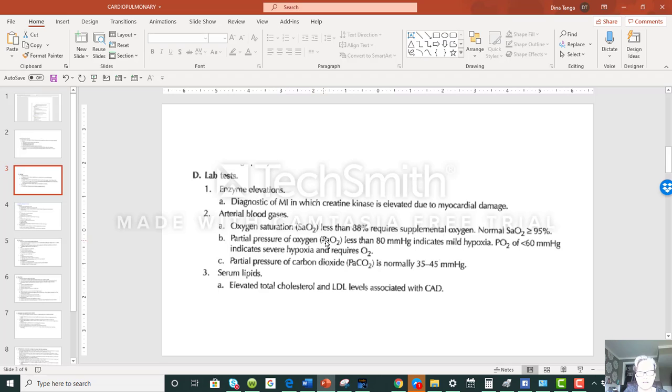Partial pressure of oxygen less than 80 indicates mild hypoxia. PO2 of less than 60 indicates severe hypoxia and requires oxygen supplementation. Partial pressure of carbon dioxide is normally 35 to 45.